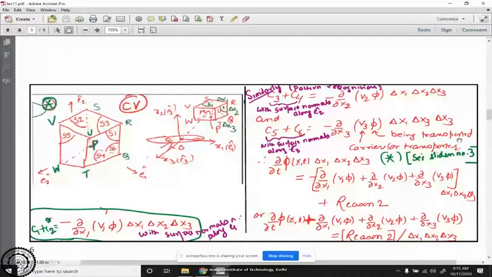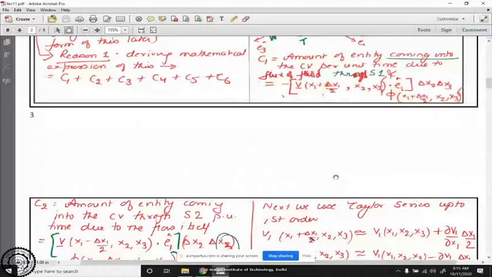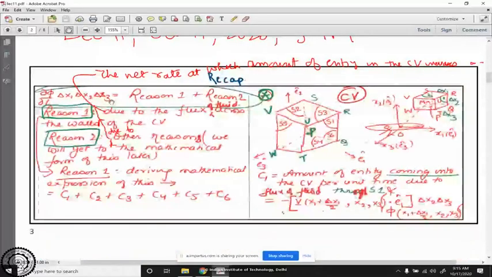Okay, so now we have all this C1 to C6. And now I'm going to go back to the starred equation, slide number 3. If you go back, I have written the slide number also, this equation, right? This I'm calling a starred equation. So reason 1, I have found the mathematical expressions now.